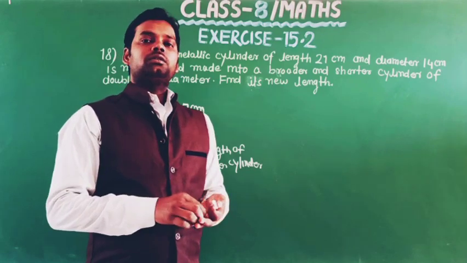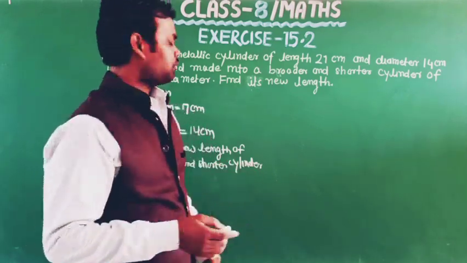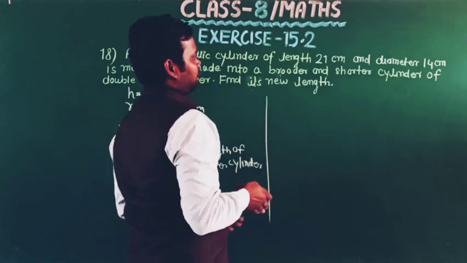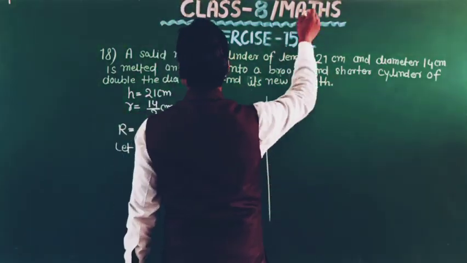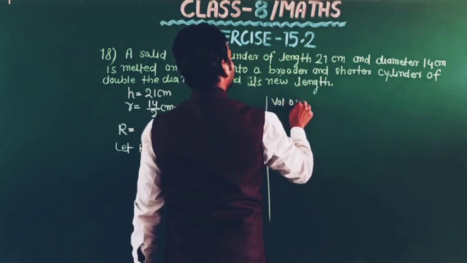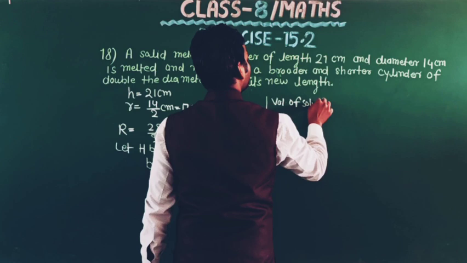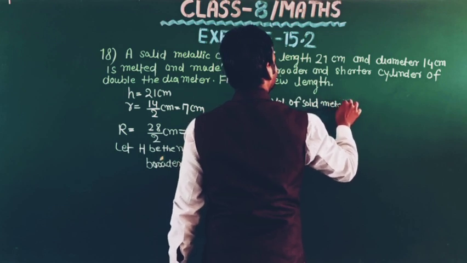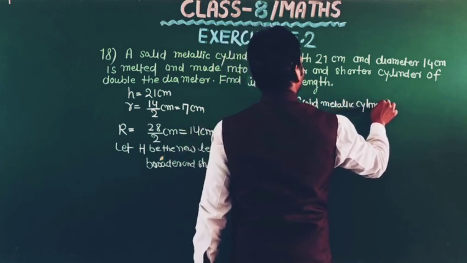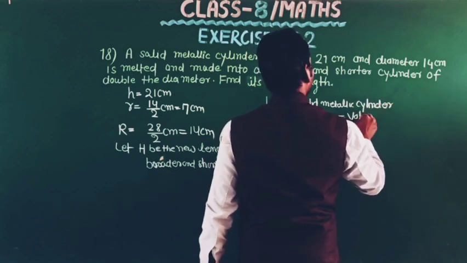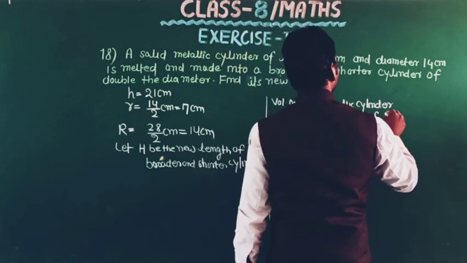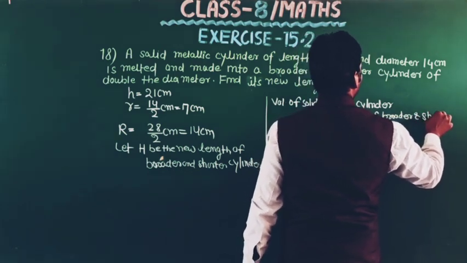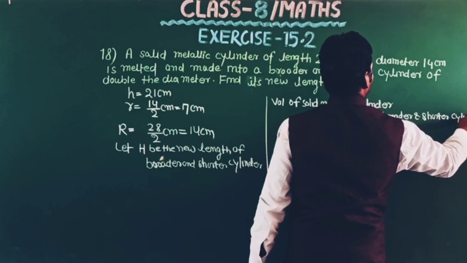So this means the volume of both cylinders will be the same. Therefore we write: volume of the solid metallic cylinder is equal to the volume of the broader and shorter cylinder.